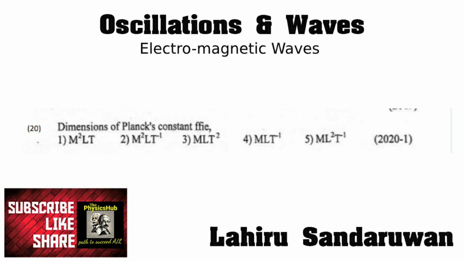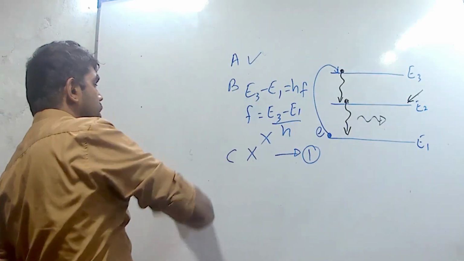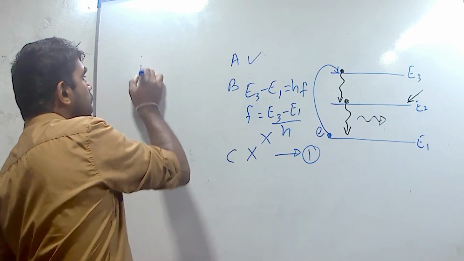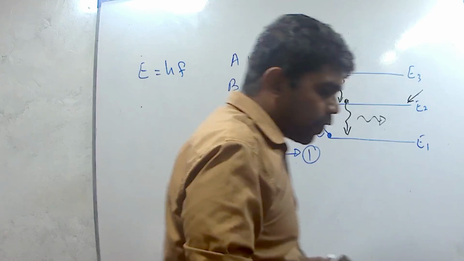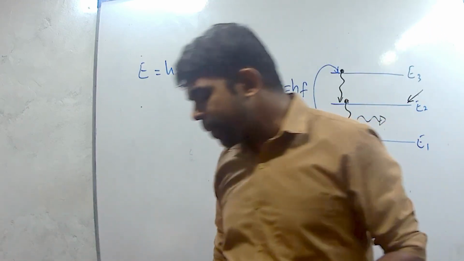Dimensions of Planck's constant. You have to find the dimensions of Planck's constant. I will use the equation E equals HF. It is the energy of a photon. H is Planck's constant.